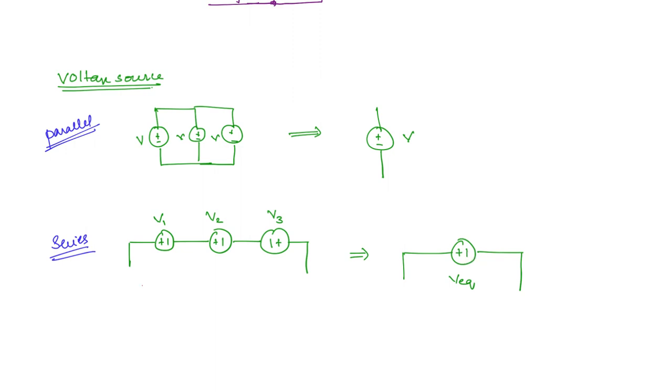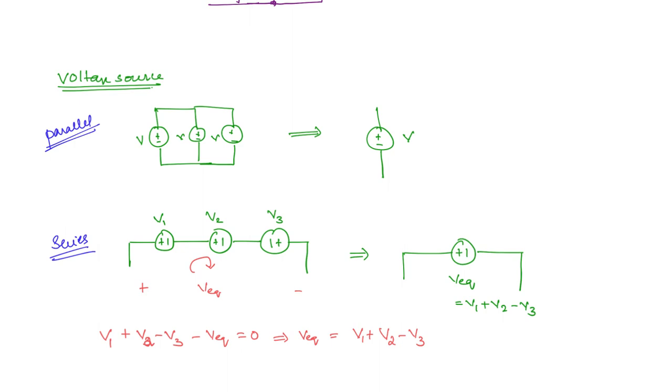If you take this to be VEQ, then what will be the voltage across this entire branch? You can simply apply KVL: V1 plus V2 minus V3 minus V equivalent is equal to 0. So V equivalent is equal to V1 plus V2 minus V3.